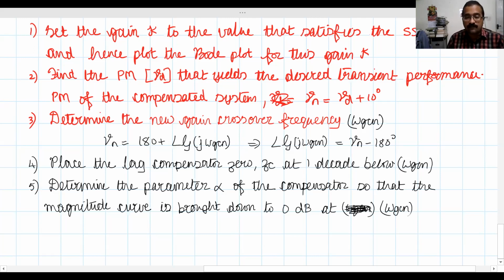That's why it's called gain crossover frequency. Gain crossover frequency is the frequency at which the dB gain becomes equal to 0 dB. So we have to pull down the Bode plot so that at omega GCN it crosses the 0 dB line.